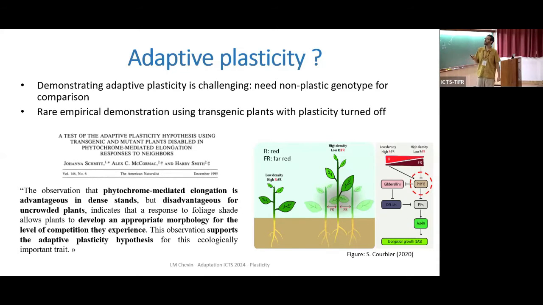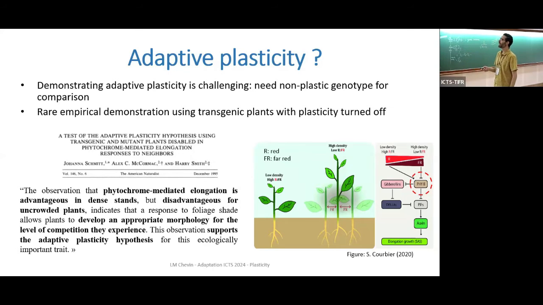And this is what they did here. They used transgenic plants where they had turned off plasticity or not. And then they put them in densely or not densely populated environments. So they could assess the phenotype they get and its fitness in the two environments without having the plasticity, and then you can assess the benefit of plasticity.